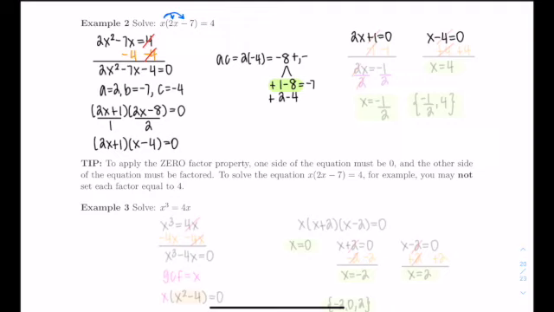Well, the second one is pretty easy to solve. We're just going to add 4 to both sides. And we end up with x equals 4. And then for the other one, solving for x, we're going to subtract 1 from both sides.